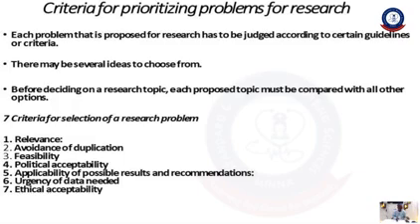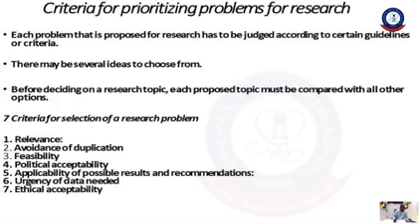Then how large or widespread is this problem? You also have to consider under relevance how widespread this problem is. Who are those affected? What is the percentage of the number of people affected? If it is very minimal, then you don't need to go into research. So these are some of the factors.